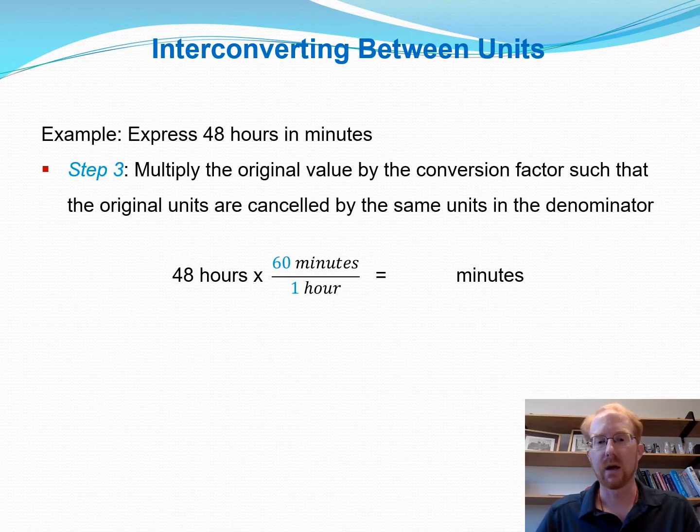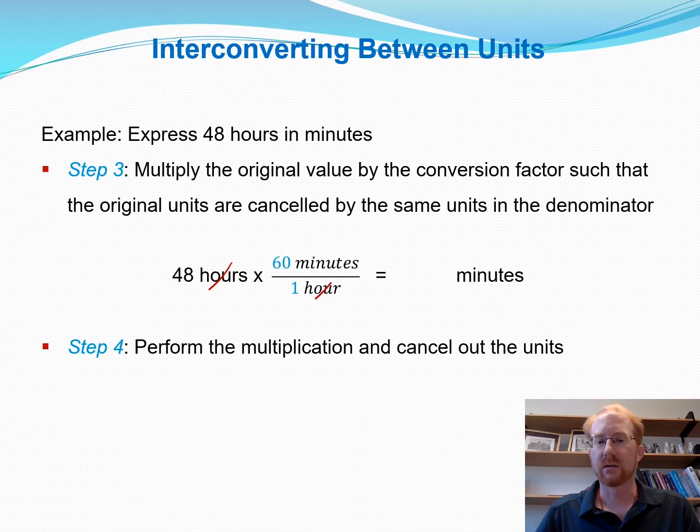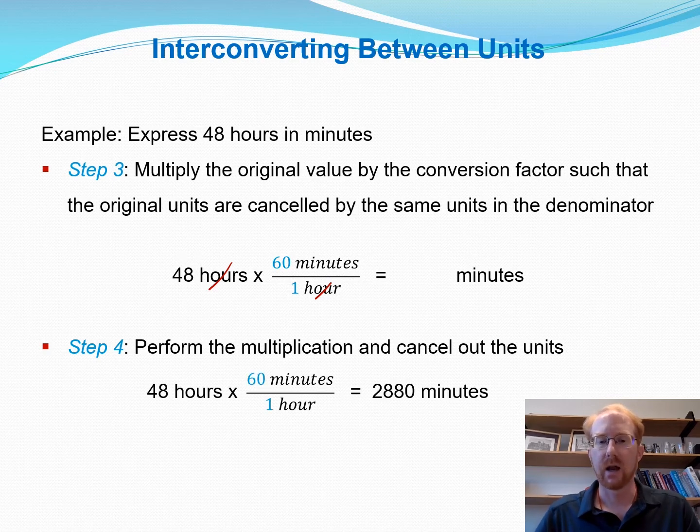Because of that, the hours cancel off and the hour units are no longer there. So now I can lastly perform the multiplication of just the 48 times the 60, and I get an answer of 2,880 minutes.